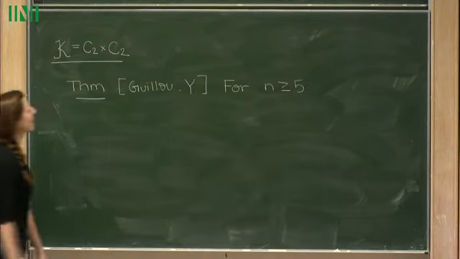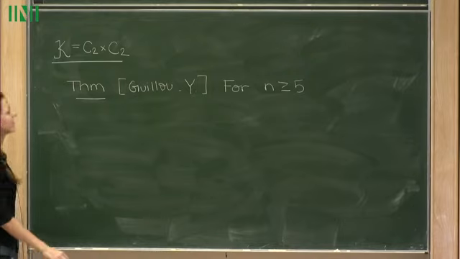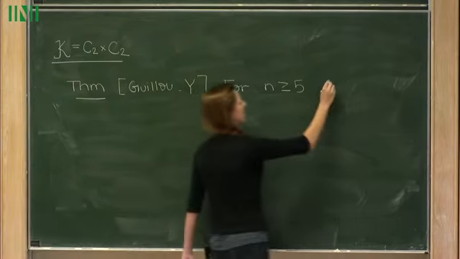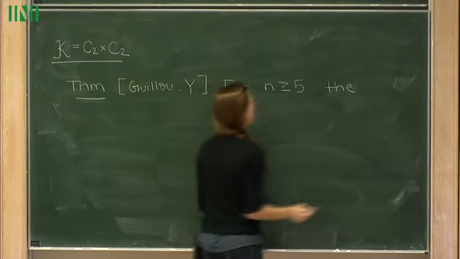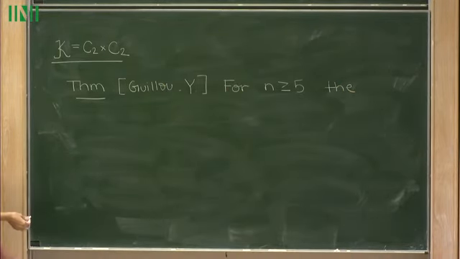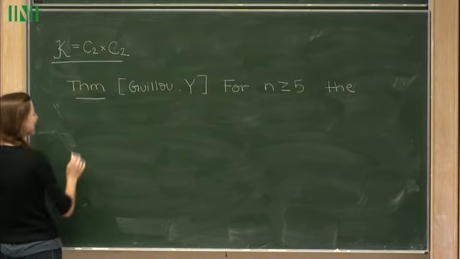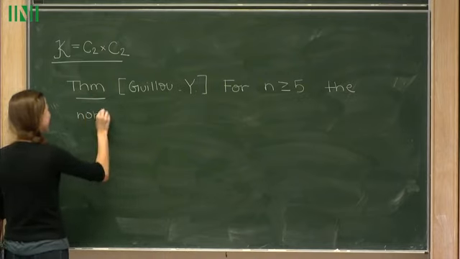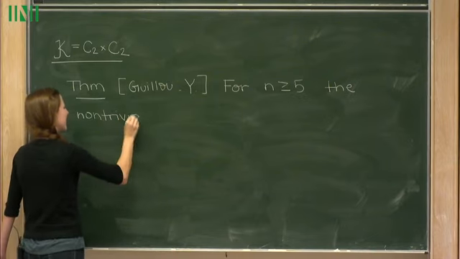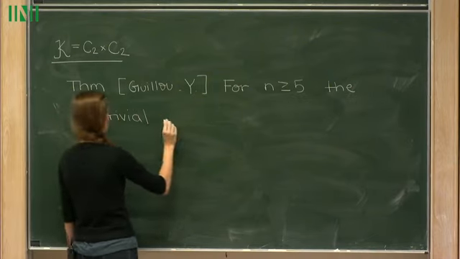So for n greater than or equal to 5, we have a complete description of the non-trivial slices, or, well, of the slices of the nth suspension of HF2.